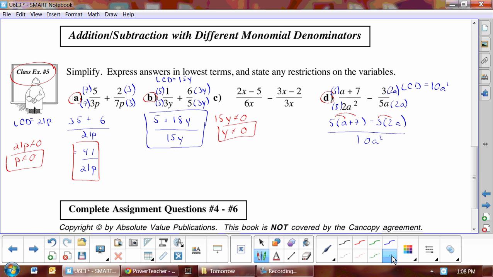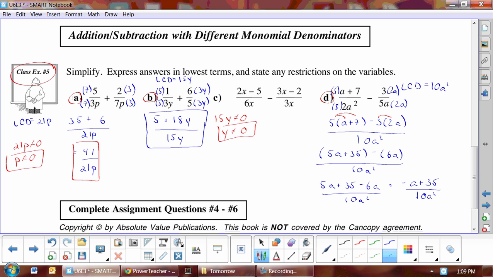Okay, so then we just get to distribute that 5 through and distribute the negative 3. So we'll go 5a plus 35 minus 6a over 10a squared. And we go 5a plus 35, and to get rid of our brackets, 6 minus 6a over 10a squared. Here's negative a plus 35.